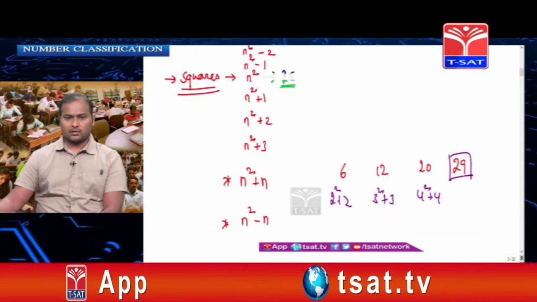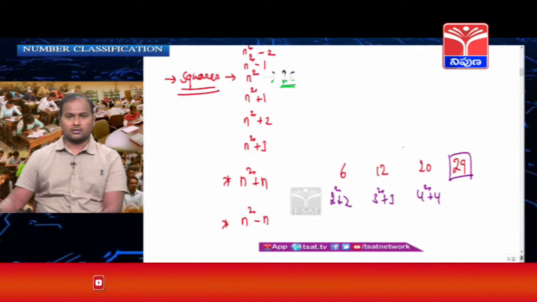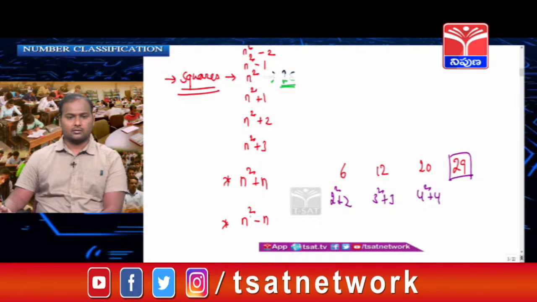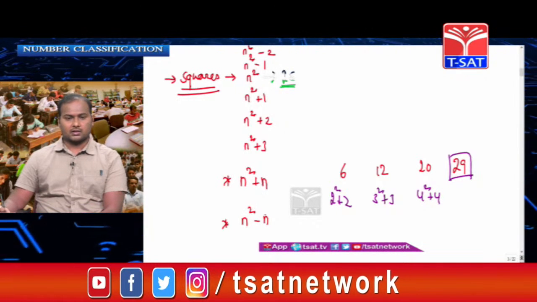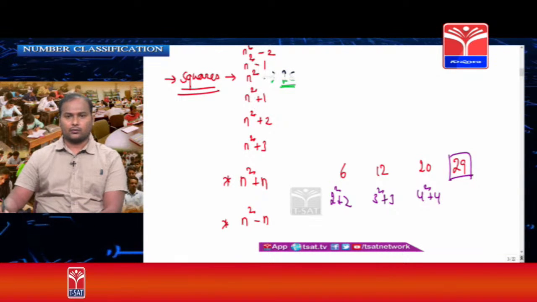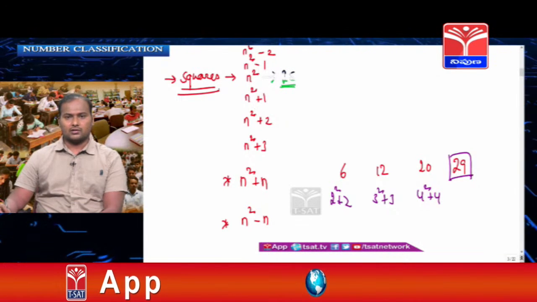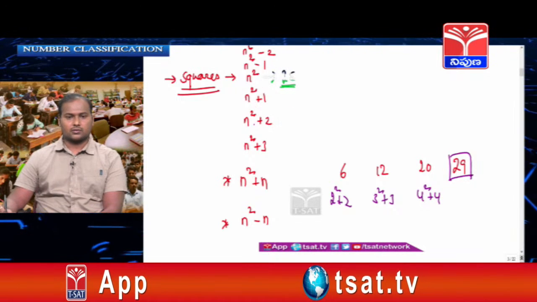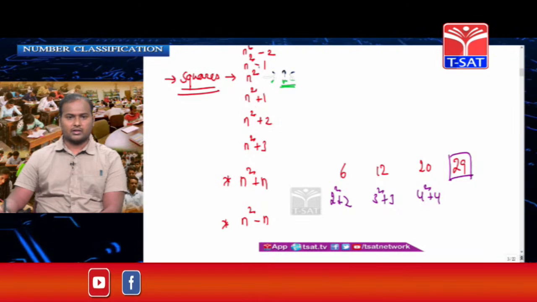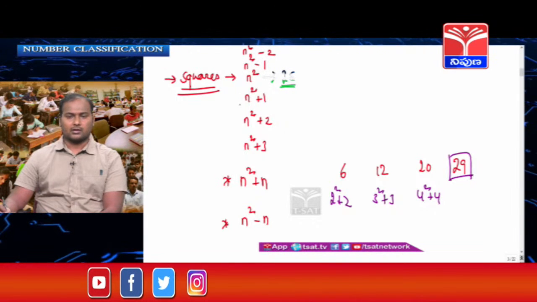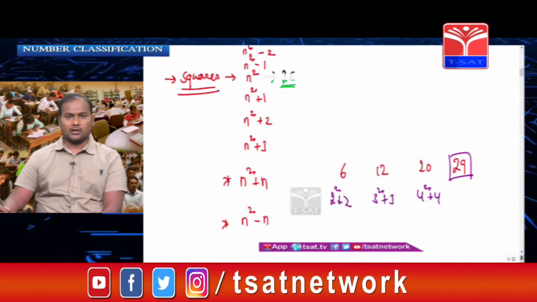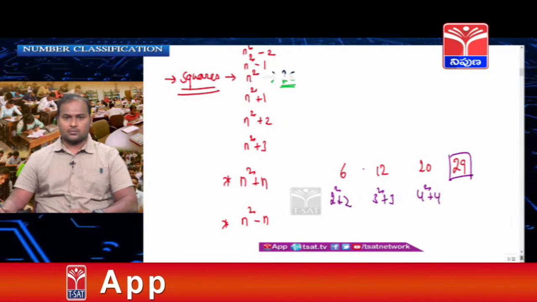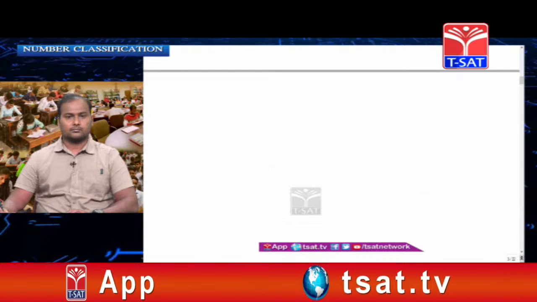So this one is not in the format of n square plus n. You may expect in the exam the values of n square plus n and n square minus n. So write your own notes for all the values near the squares, that is n square plus 1, n square plus 2, n square minus 1, n square minus 2, n square plus n and n square minus n. These are the different possibilities for the question.